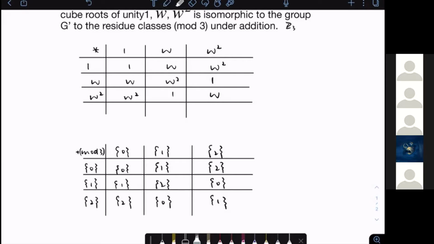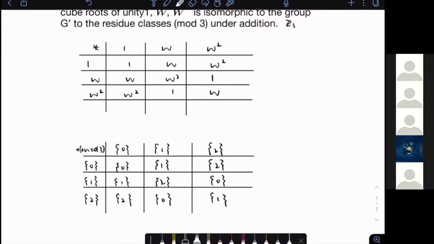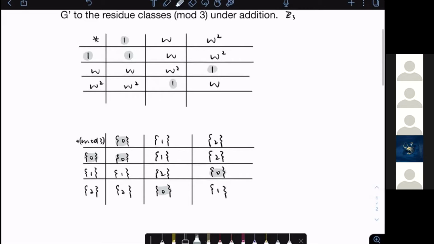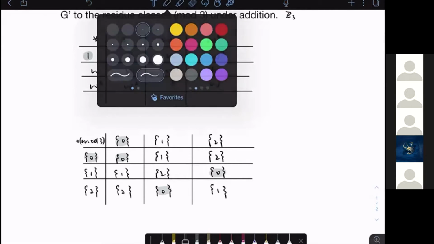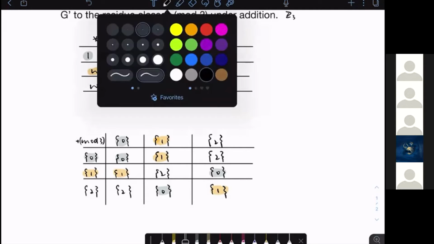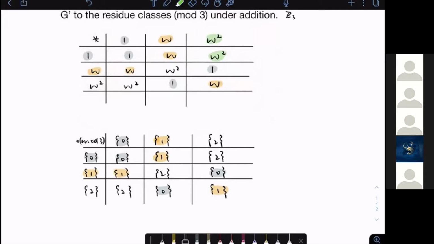By looking closely at this, we can see the mapping is, for example, 1 maps to 0, W maps to 1, and W squared maps to 2.